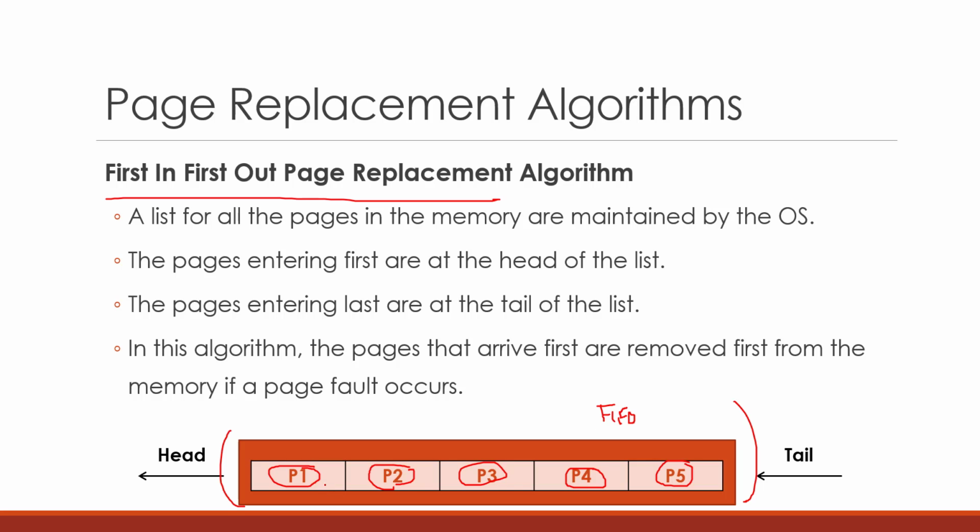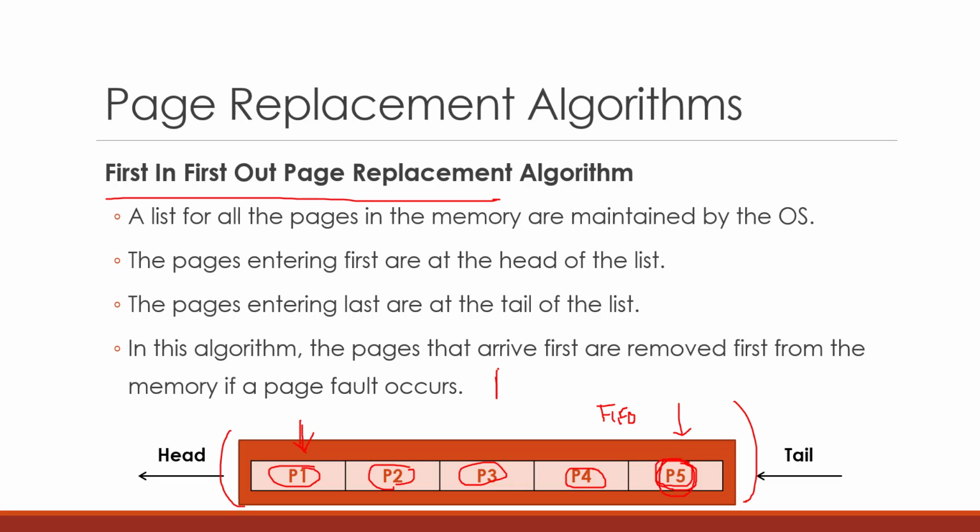So assuming this, P1 came first, P2 came second, and then P5 came last. So this is the most recent entry, and this is the oldest entry inside the RAM. Based on this algorithm, the page that came first will be replaced first.